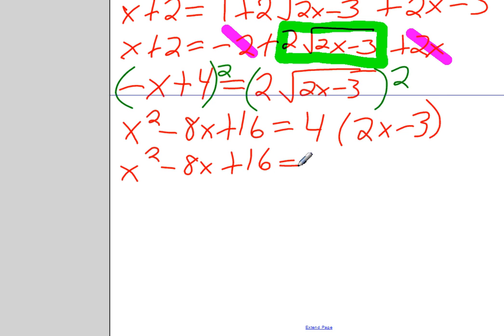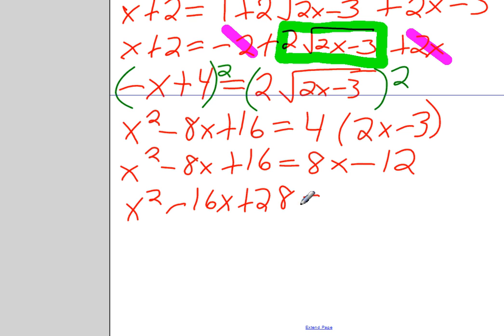So 4 times 2x is 8x. 4 times negative 3 is negative 12. All right, now no radicals. I've got a quadratic, so I want to set the equation equal to 0. I'm going to subtract 8x and add 12. All right, I think I'm doing this right. Let's see if this is factorable.